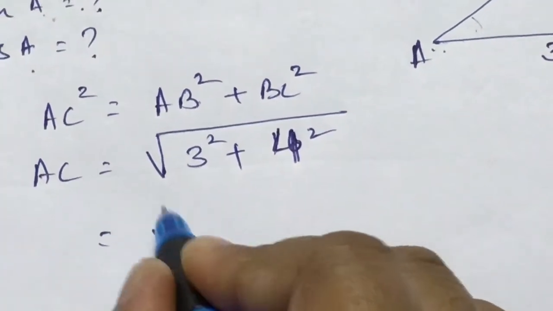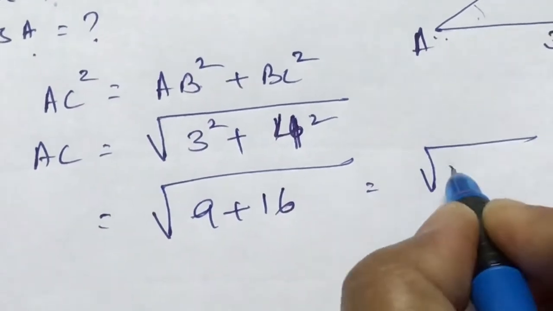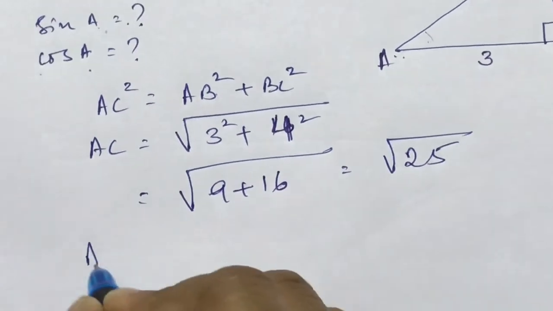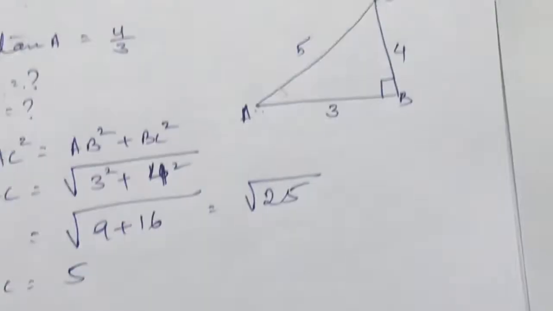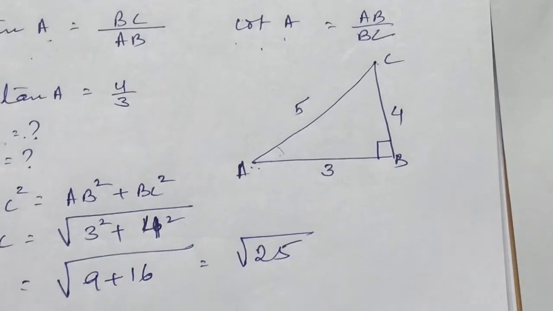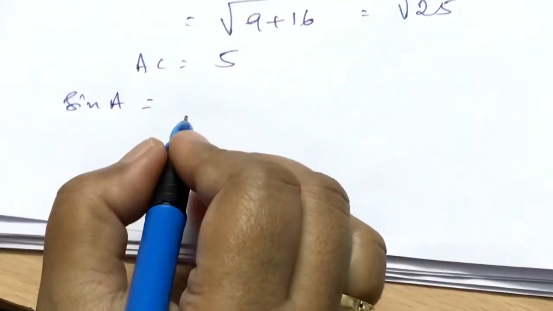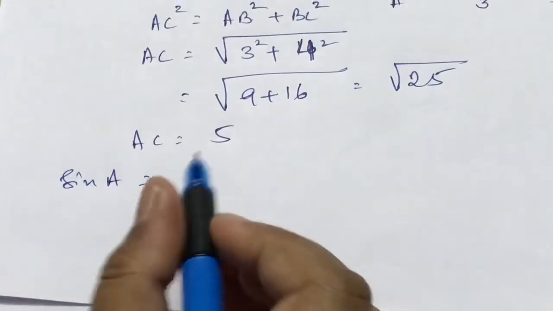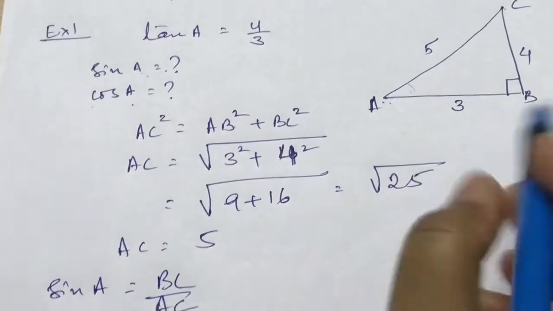So that gives you 9 plus 16, which is root over of 25. So AC is equal to 5. That means you have got the hypotenuse as 5. Now can you find out what is sine A? See, sine A is BC by AC.